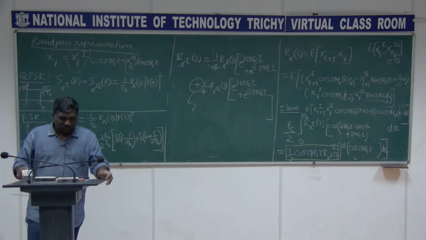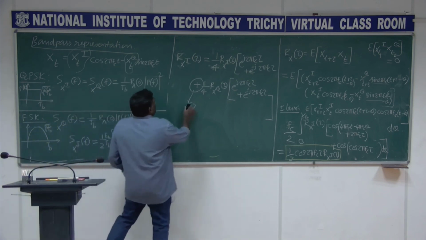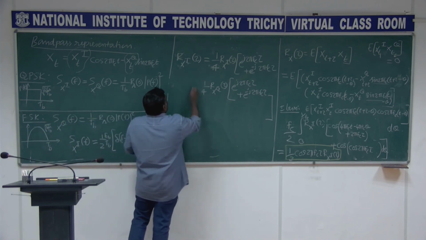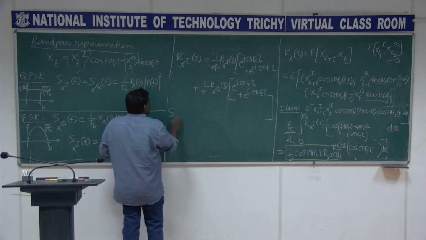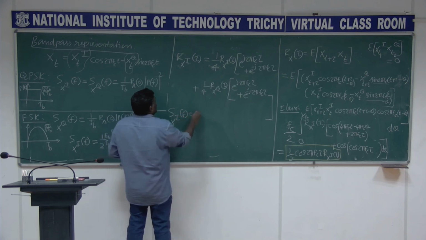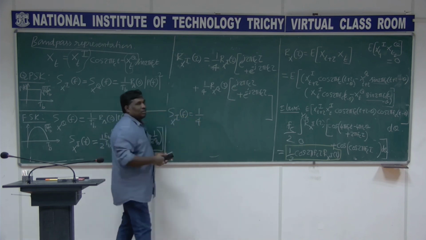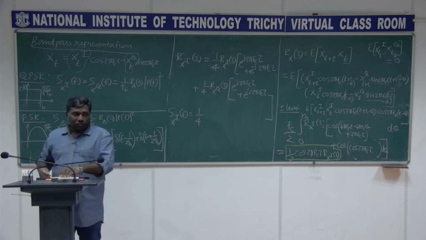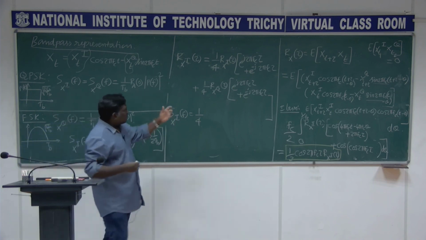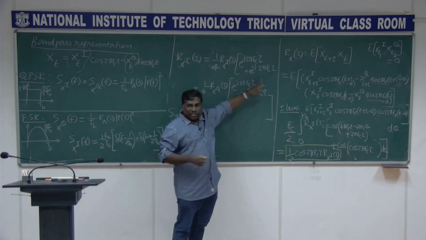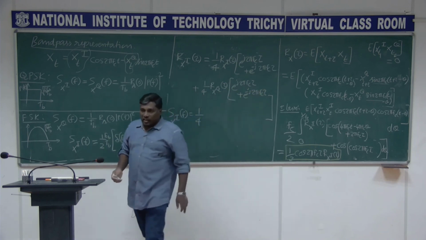Right, okay. So now when I take the spectral density S_x(f) here, you get 1 by 4. It is multiplied with cos, which I write in terms of exponents, so I can use the delay property.